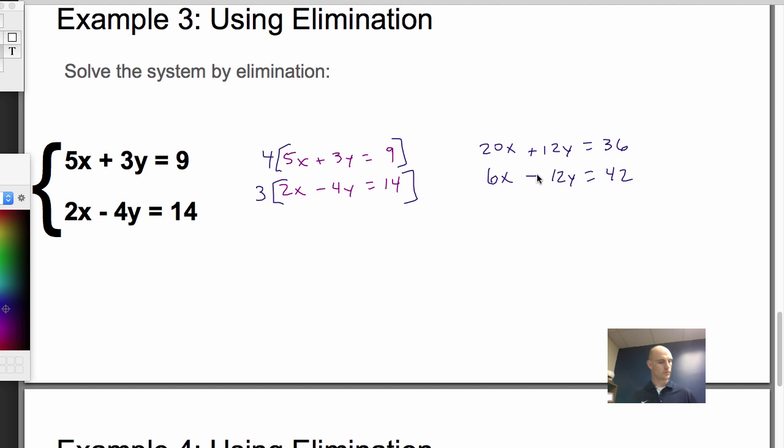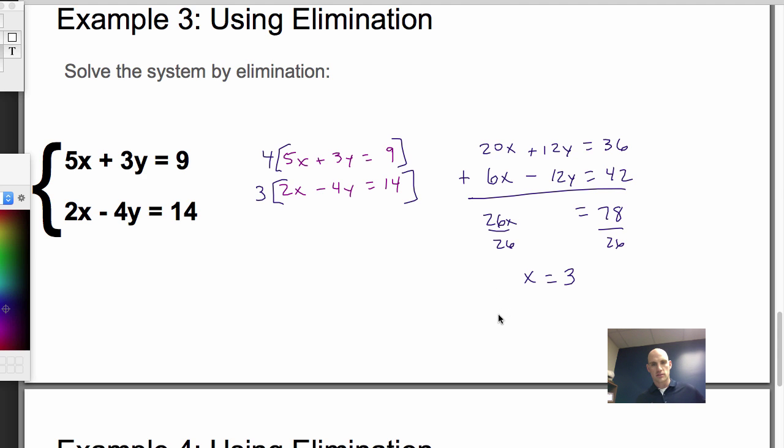Okay, and so when I combine these two lines, I'm going to add them. I get 26x equals 78. And so if I divide it by 26, divide by 26, x is equal to 3. Well, I can back substitute in.